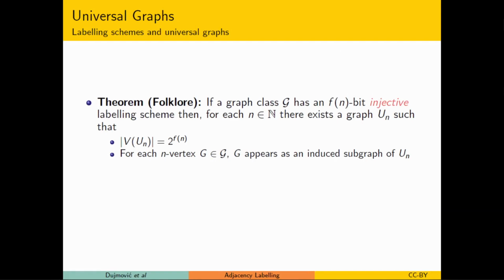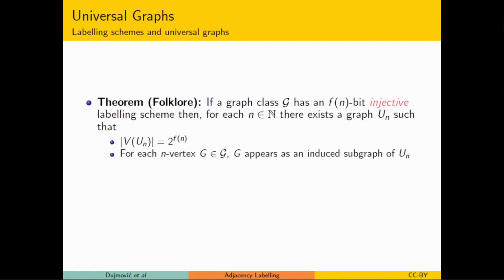So if a graph class has one of these f of n bit labeling schemes, with the qualifier that it should be injective in a graph, so every vertex should get a different name, then that means that for every n, there is a graph U_n which is universal for that class in the following sense. For every n-vertex graph in this class, that graph appears as an induced subgraph of this universal graph. And the size of U_n is 2 to the f of n.